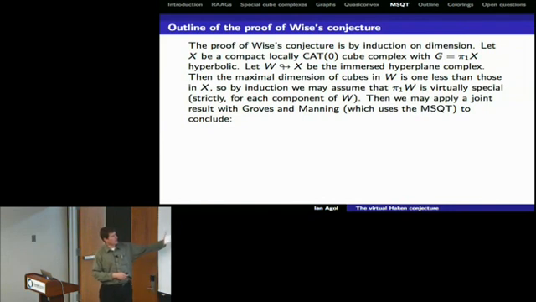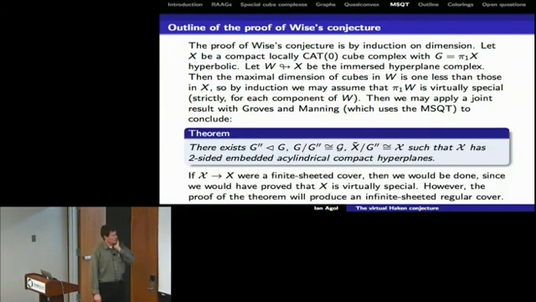Then I apply this result with Groves and Manning, which makes use of the malnormal special quotient theorem, to conclude that there's an infinite-sheeted covering space that's a regular covering space. So there's a normal subgroup of G such that the covering space has embedded two-sided compact hyperplanes.